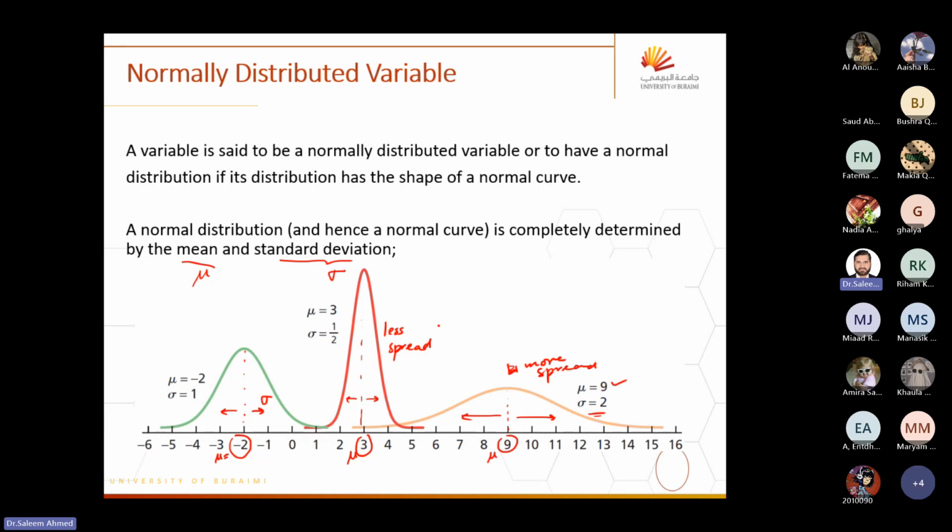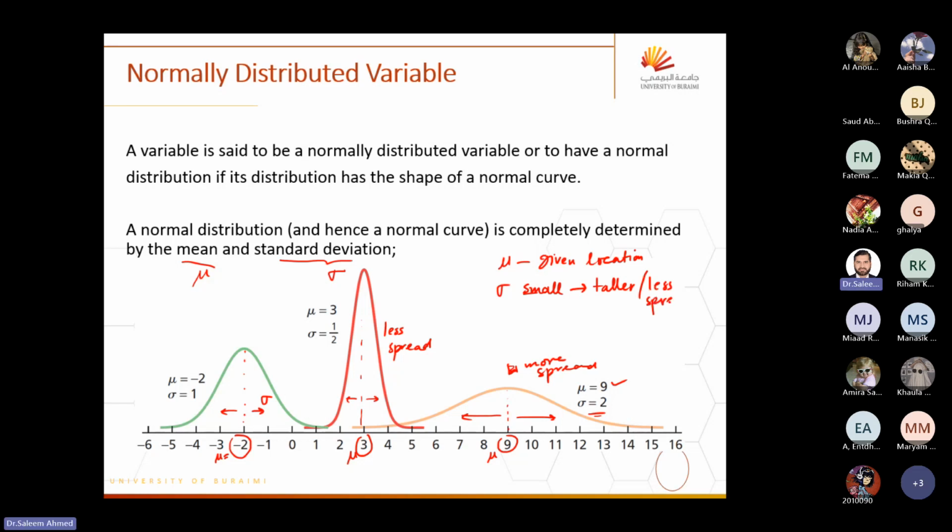So mean gives you the location, the central point of the distribution, and sigma gives you the spread, how flat or how tall your distribution is. If sigma is small, the distribution is taller and less spread out.